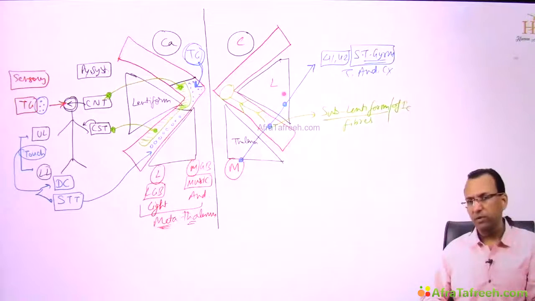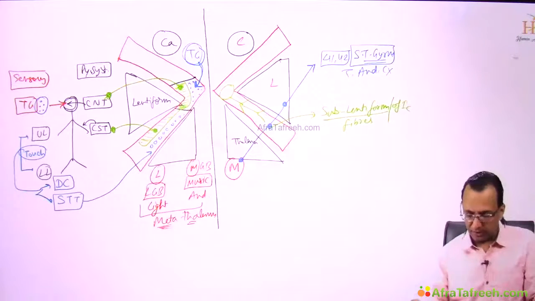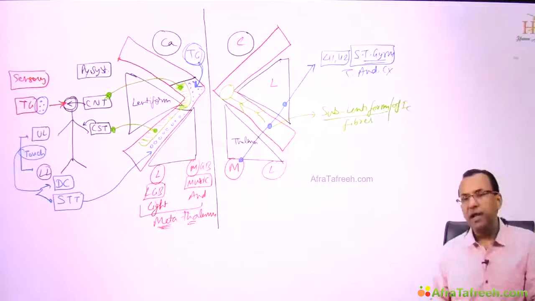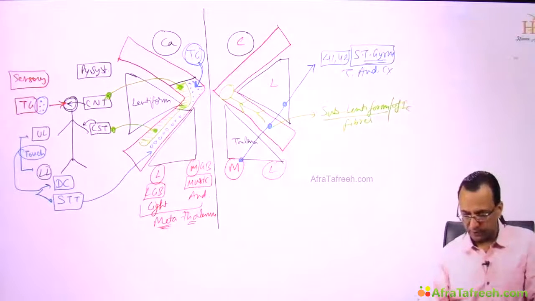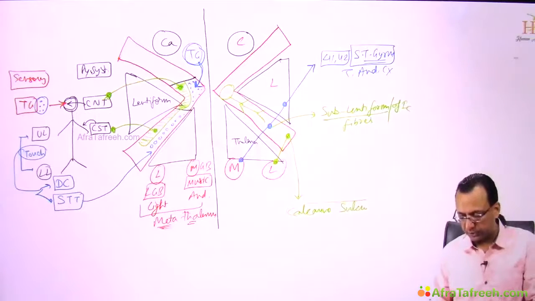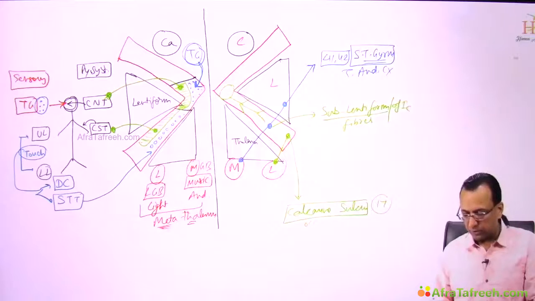And what about the visual pathway? You can draw the lateral geniculate body now, and it sends this pathway using the posterior limb of the internal capsule to the calcarine sulcus. This is area number 17, the occipital visual cortex, which is also called the striate cortex.